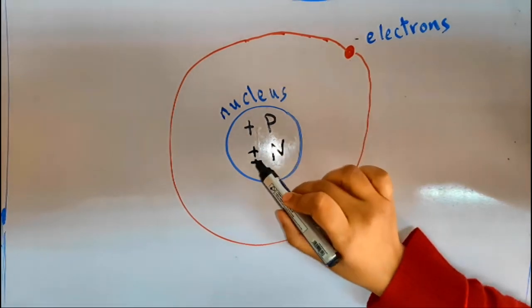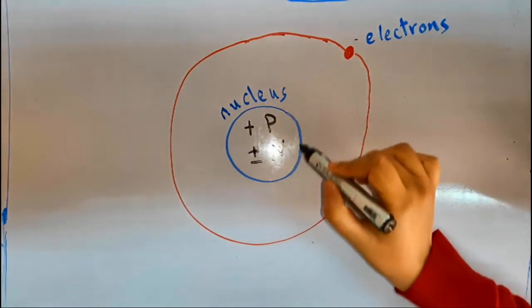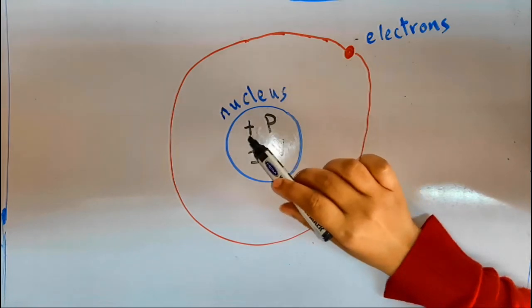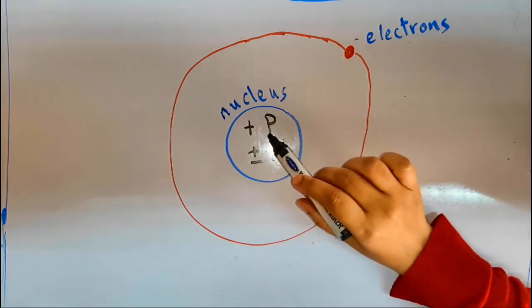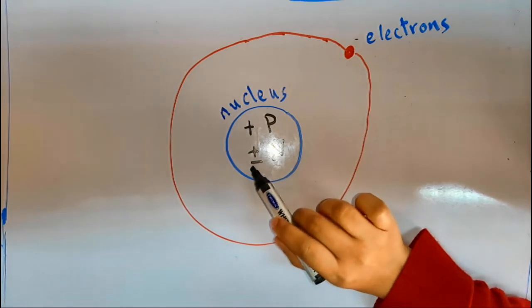What is the meaning of neutral? It has no charge. Again, what's inside the nucleus? Two particles. One of them is positive and its name is protons, and neutrons, which are neutral or have no charge.